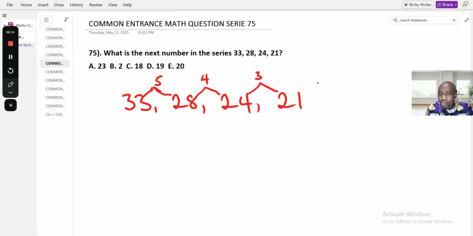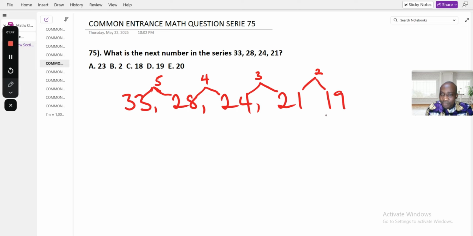The next one will be 2. It reduced by 5 here, by 4 here, by 3. Therefore, the next one is going to reduce by 2. You now say 21 minus 2 is going to give us 19.